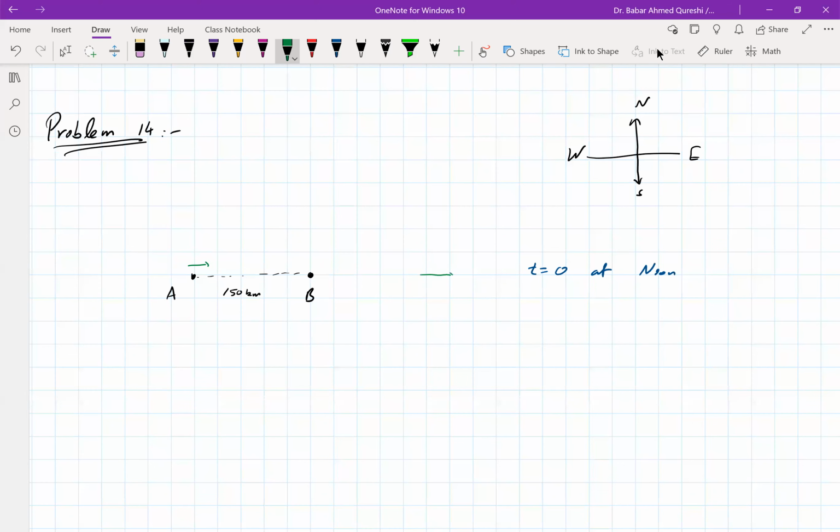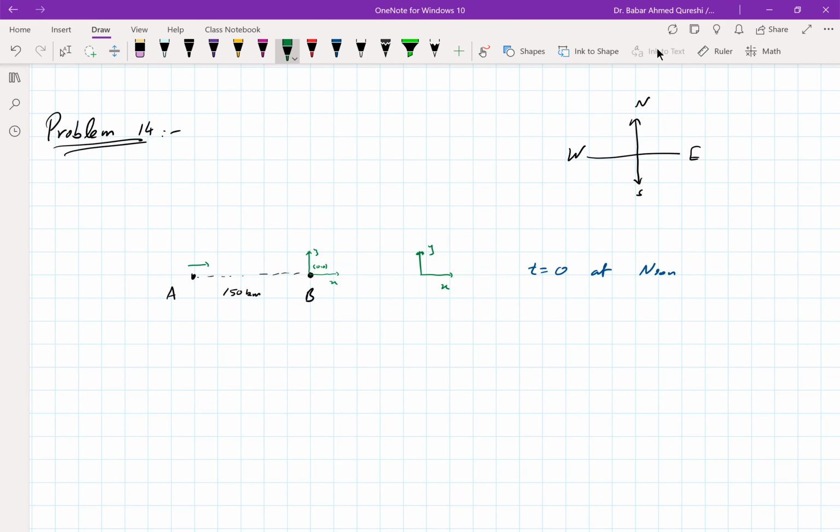So I can call this the x-axis and this direction the y-axis, the usual ones, to keep things simple. And I can call this point x equal to 0. And this point is 0, 0, where ship B was at t equal to 0.